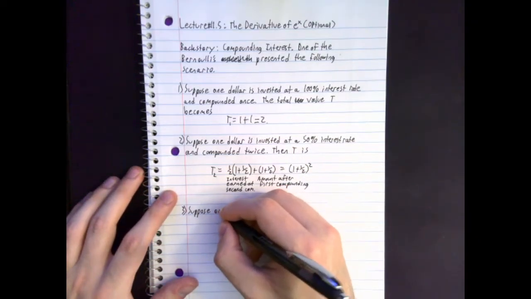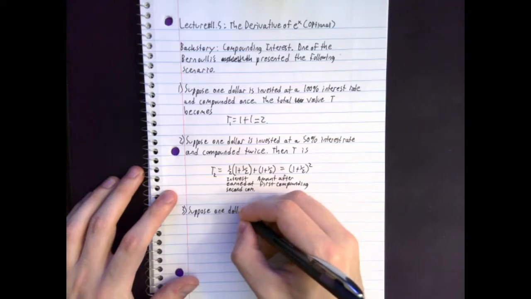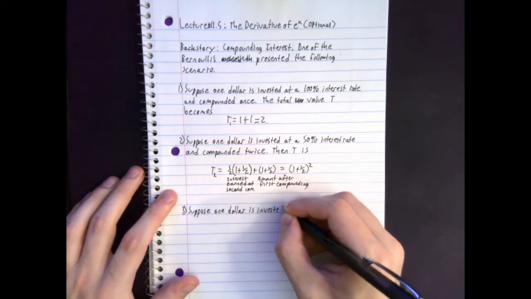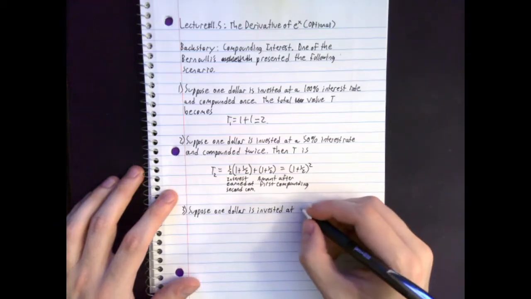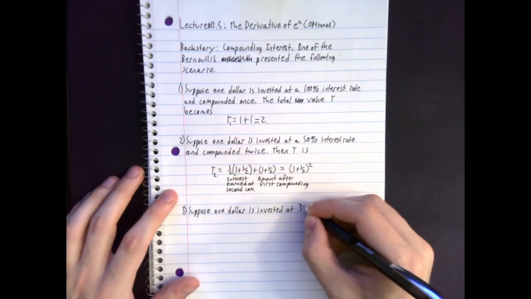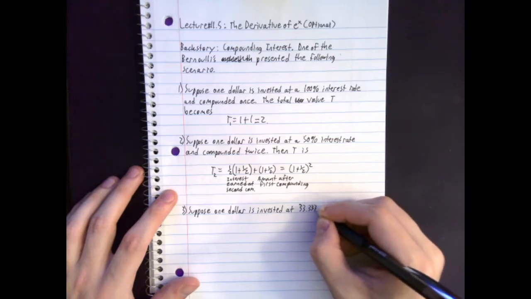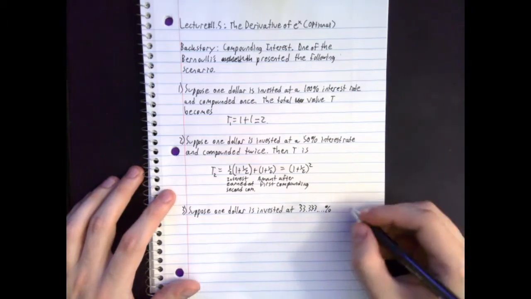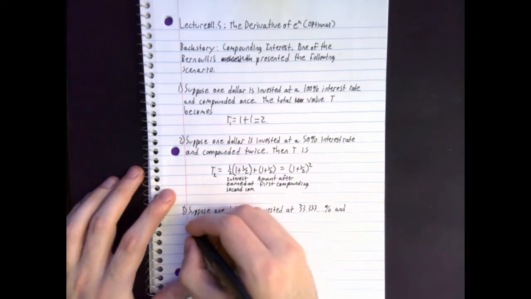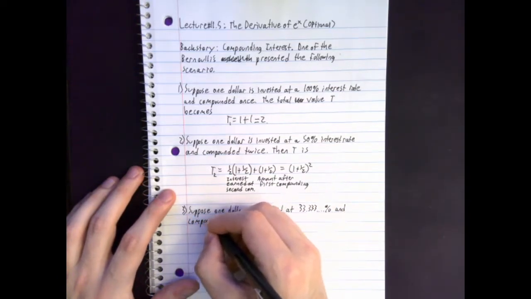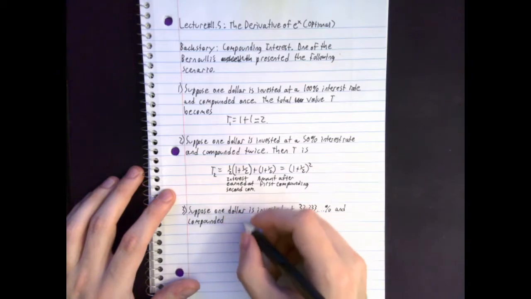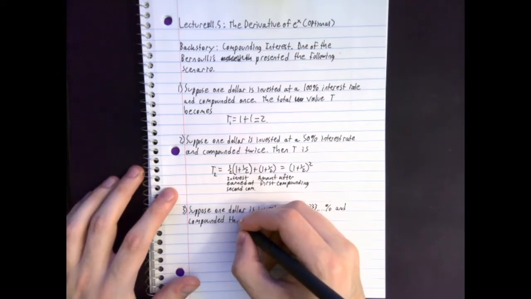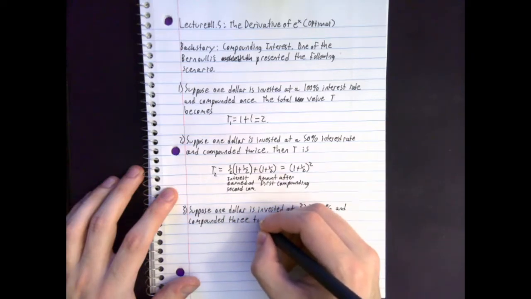So suppose $1 is invested at 33.333... percent, and compounded 3 times. We won't do this again after this. I just wanted to really illustrate the point.